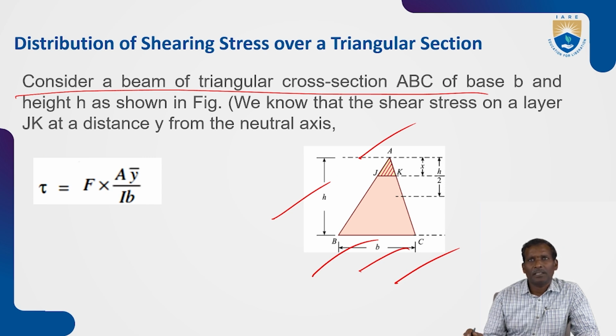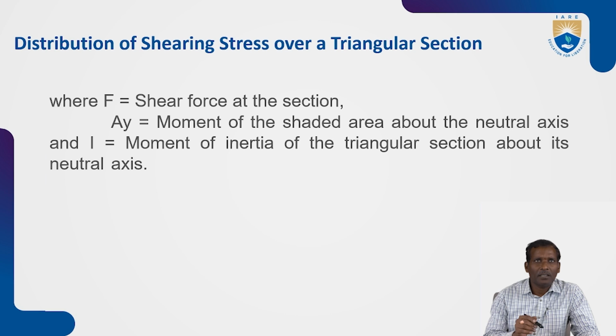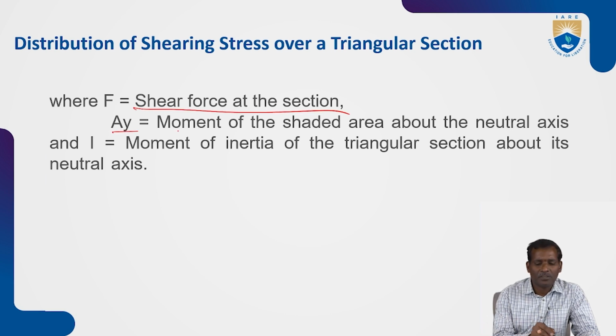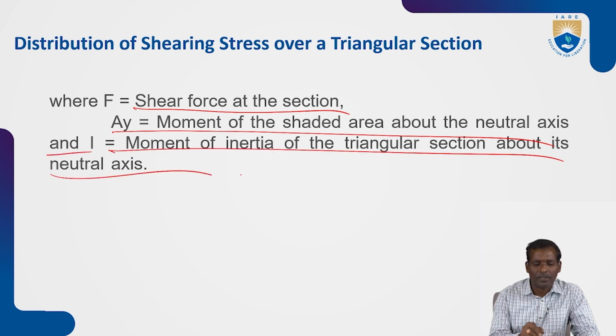We know that the shear stress on a layer JK at a distance y from its axis is shear force F into A y bar by IB, where F is the shear force at the section, A y bar is the moment of the shaded area about the neutral axis, and I is the moment of inertia of the triangular section about its neutral axis.